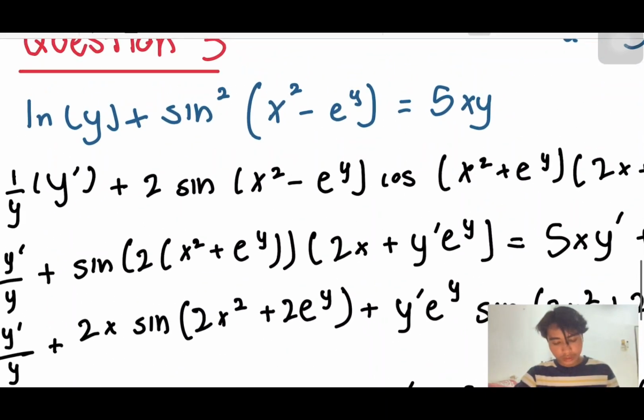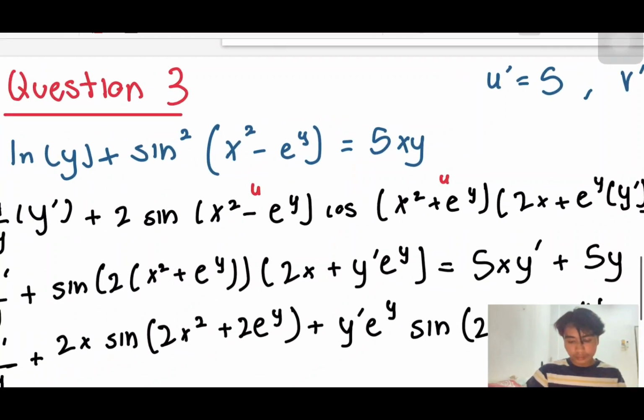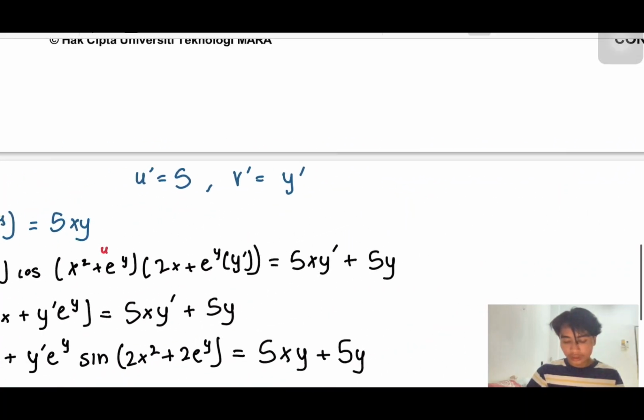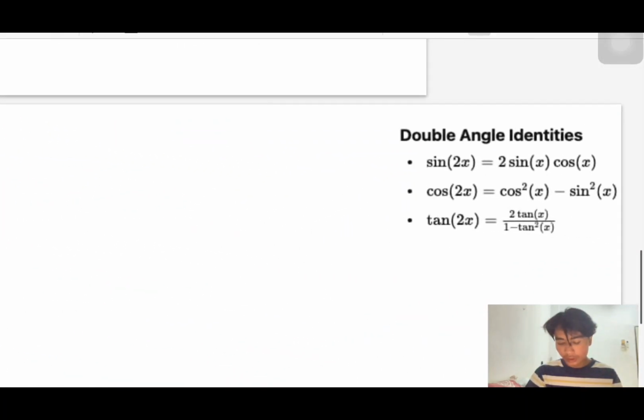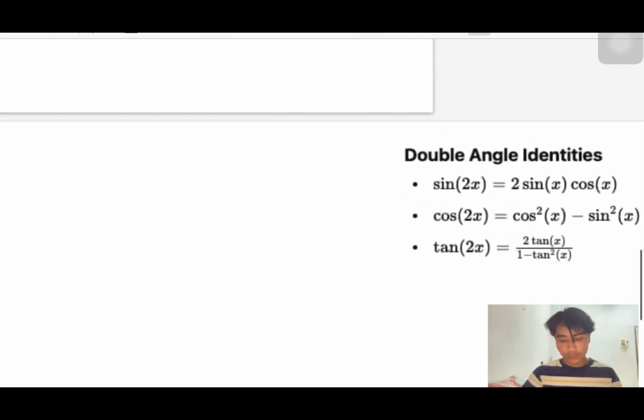So I'm gonna let the terms in the bracket as u, it's easy for me to say because it's too long. So we have here 2 sine u cos u. We're gonna simplify it by using trigonometric identities, which is this formula, the first one. So it will be sine 2u.